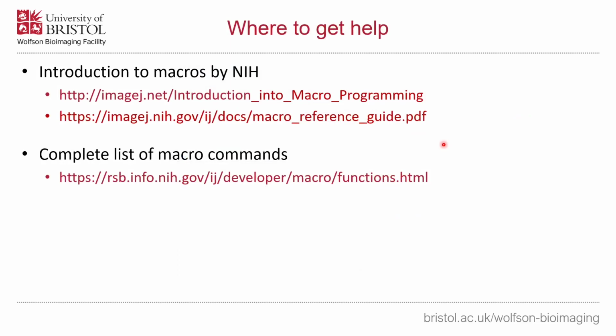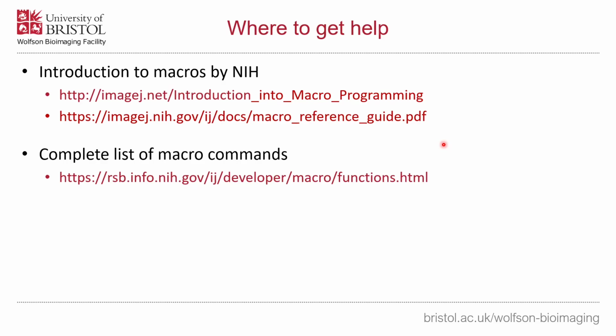At this point, it's also really useful to have an idea of where you can get help. Now, obviously, you can drop us comments in the video comment section if you've got questions, or you can message us through GitHub. You could use, for example, the issues on GitHub. But probably the best place to start is by going to ImageJ's own documentation, because it's just fantastic.